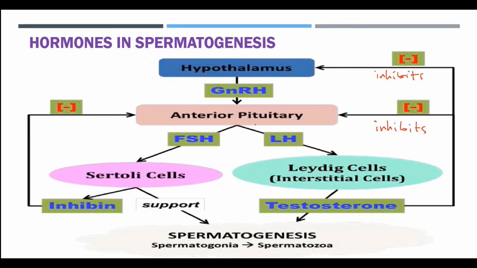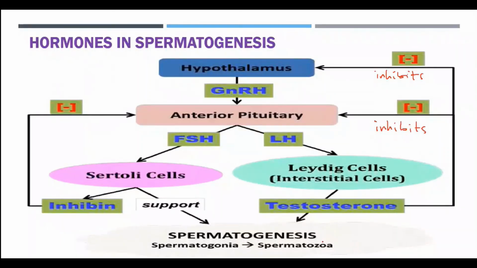In other words, the production of FSH and LH will be reduced as well. Okay, so we can see that the testosterone at one time can enhance spermatogenesis. However, at one other time, the testosterone can also inhibit the production of the sperm. This happens when there is too much sperm being produced.